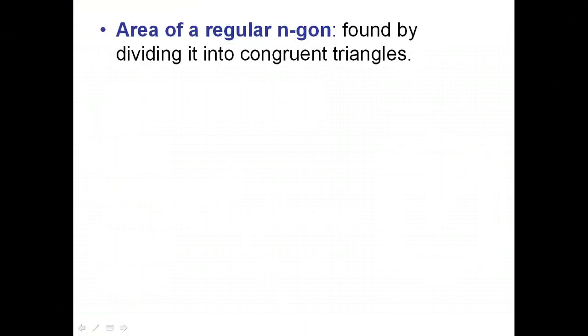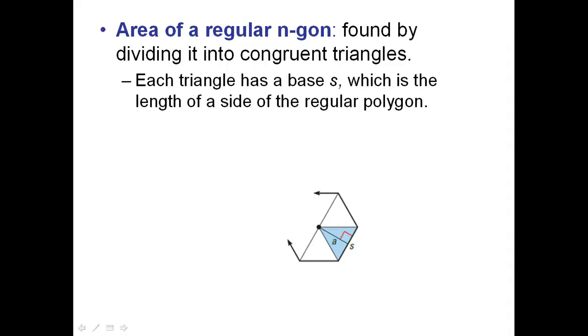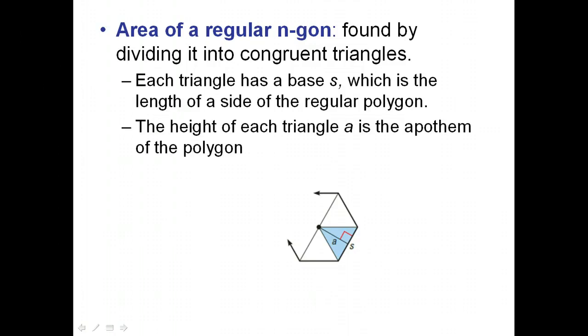Now, the area of a regular n-gon. What we're doing is we're thinking in terms of that circle and those triangles formed with my radii and the sides of the angle, and remember that the apothem will put it into two right triangles. And so what I do is I have an isosceles triangle with a base of S, which is the length of the side.